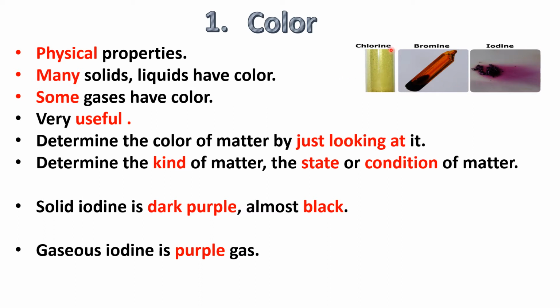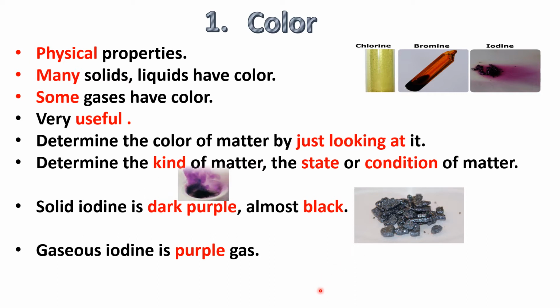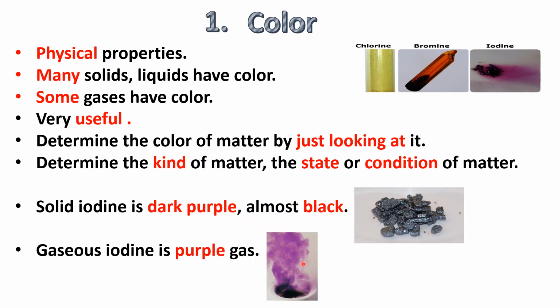This is the color of chlorine, this is the color of bromine, and this is the color of iodine. Solid iodine is dark purple, almost black, and this is gaseous iodine, a purple gas.